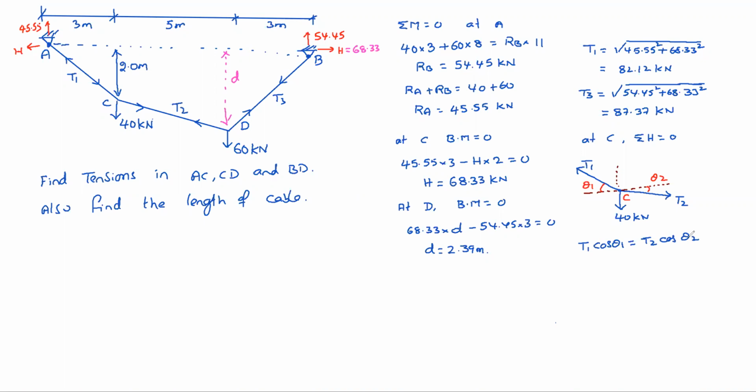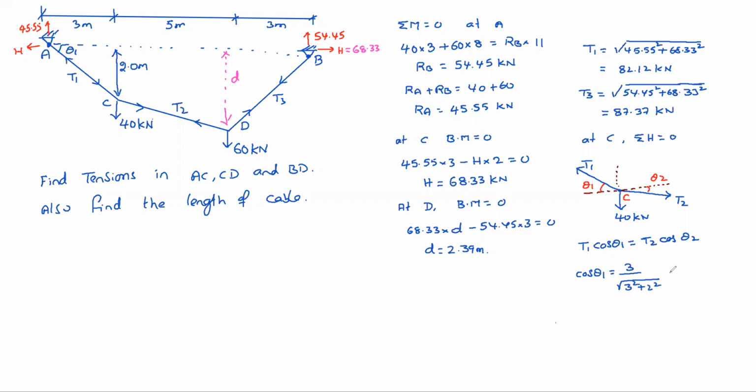What are theta 1 and theta 2? Suppose this would be theta 1, obviously. So cos theta 1 equals the adjacent side 3 by the hypotenuse. The hypotenuse is root of 3 square plus 2 square.